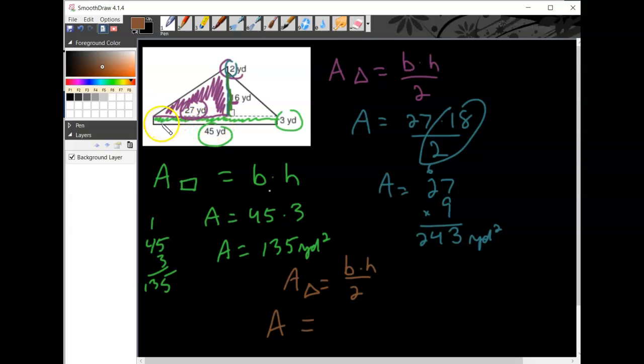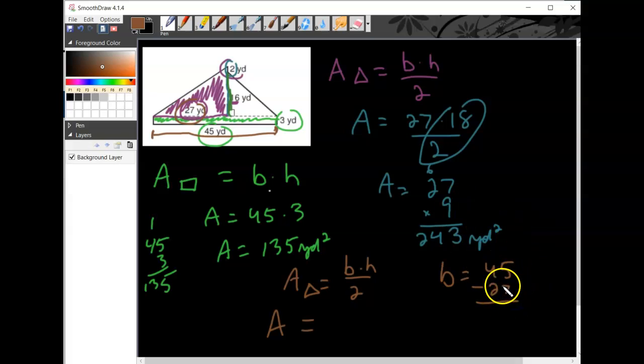Wow, I know it's 45. From one end of this thing to the other is 45. And then it's 27 for the base of that triangle. Isn't what's left over the remaining base? To find the base for this, we need to do 45 minus 27.